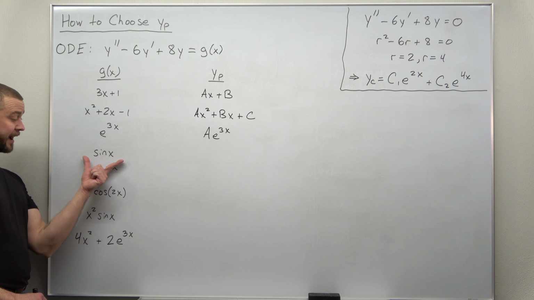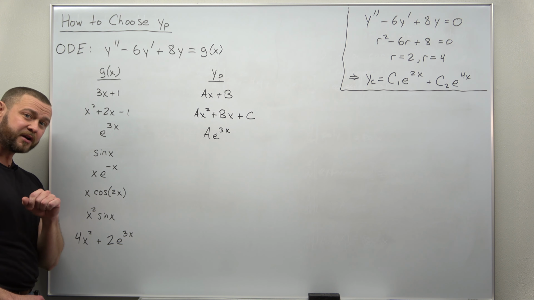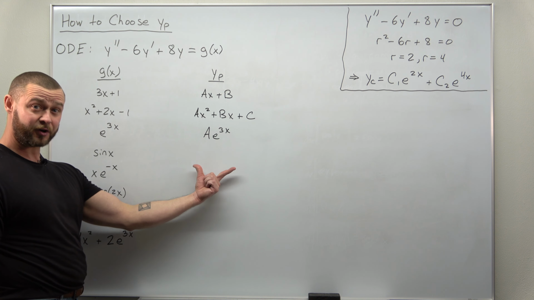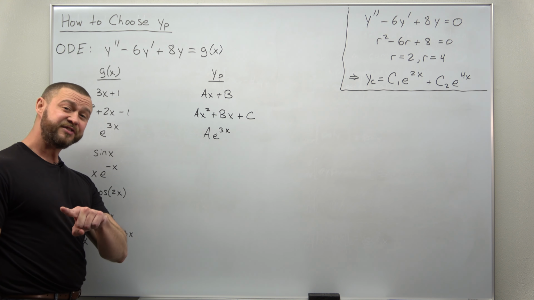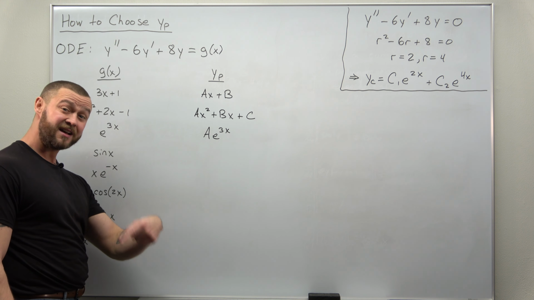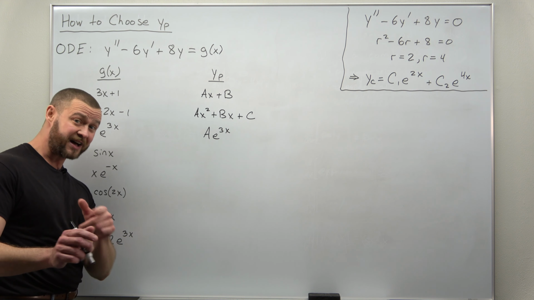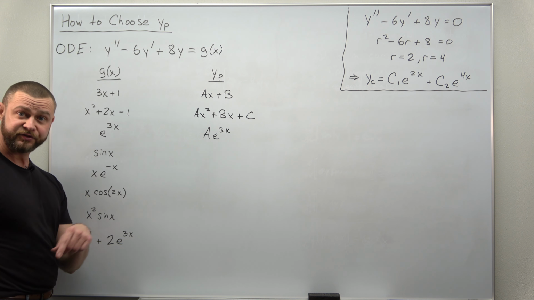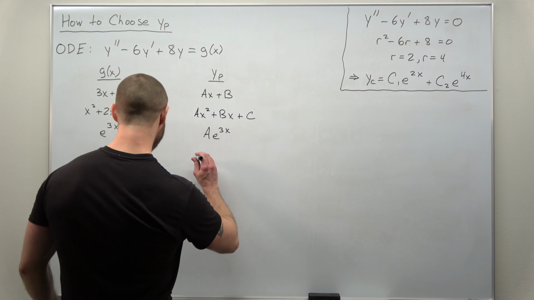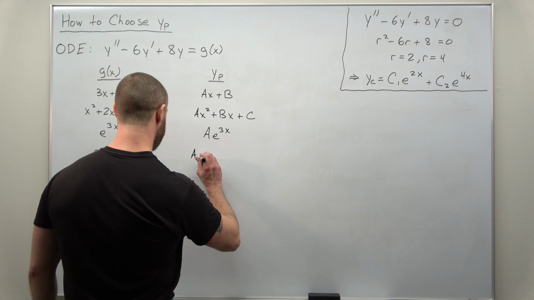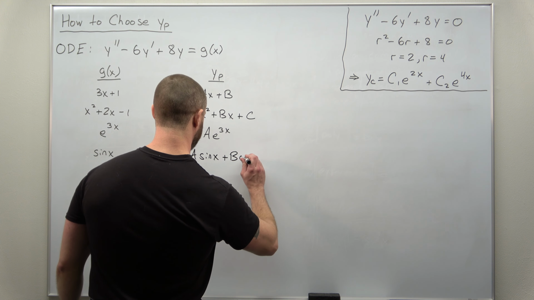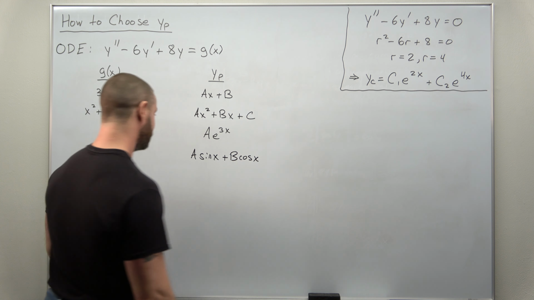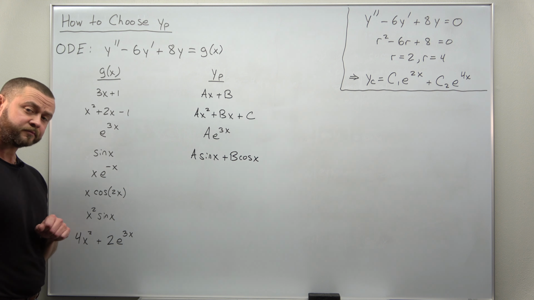So when we have a sine term in g of x, we might need to include a cosine term in the particular solution. Remember, sine and cosine differentiate back to a combination of sine and cosine. So what we try for yp in this case is a combination a sine of x plus b times cosine of x.